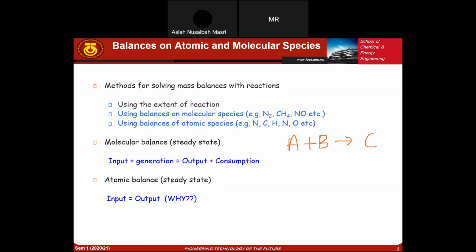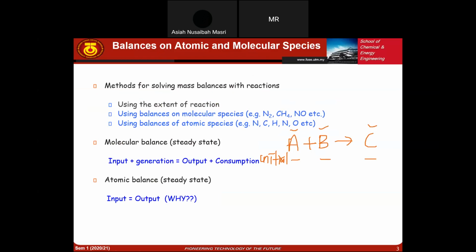First of all, we need to know the initial mole of all compounds. That would mean reactants A, B, and C. So we have to write how much is reactant A, B, and C. From there, we can actually know which one is the limiting reactant and which one is the excess reactant.